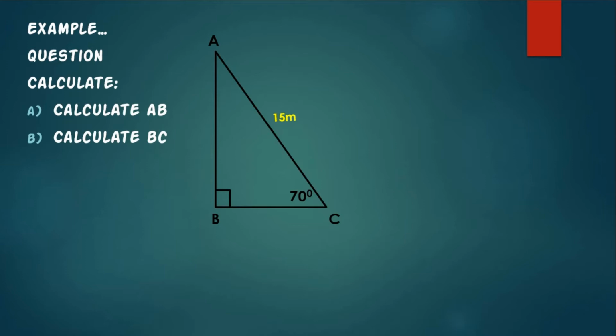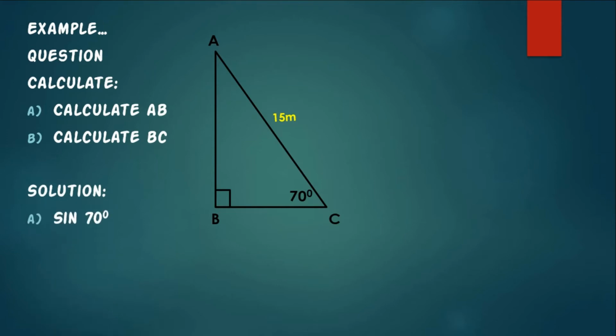Let's check which trig ratio suits this scenario. I want to calculate the opposite side, but I'm given the hypotenuse and the angle. It means I'm going to use the trig ratio that involves opposite and hypotenuse.